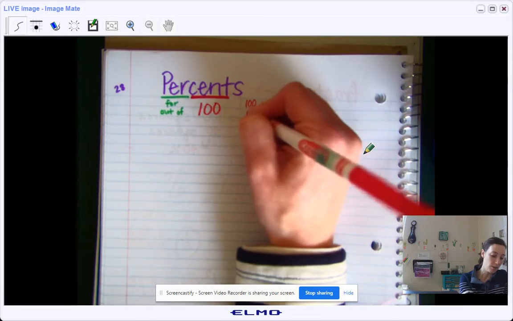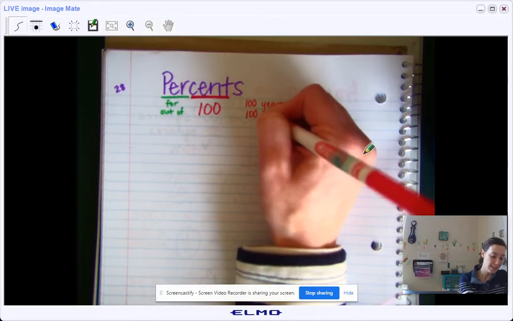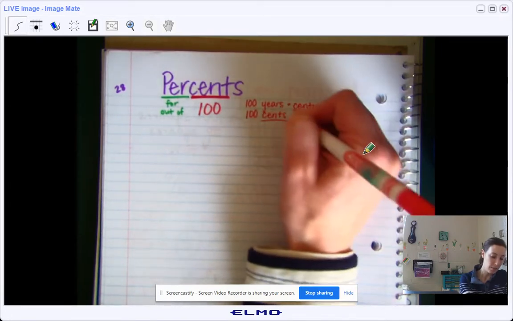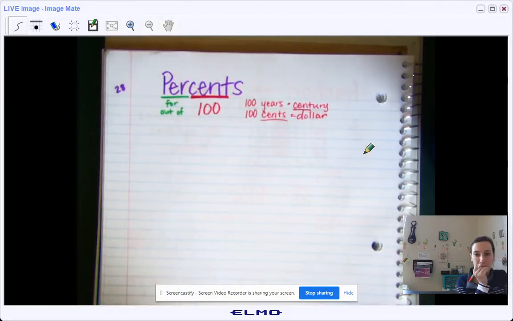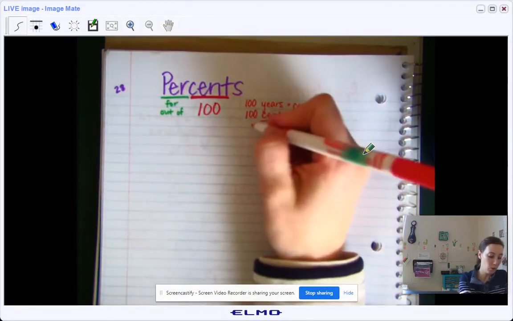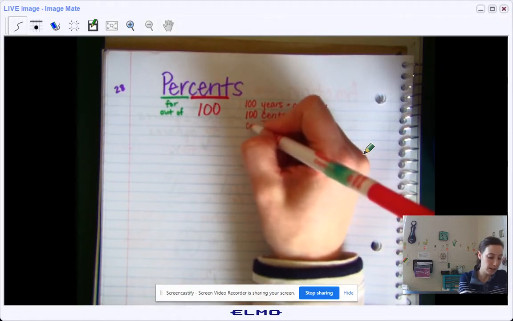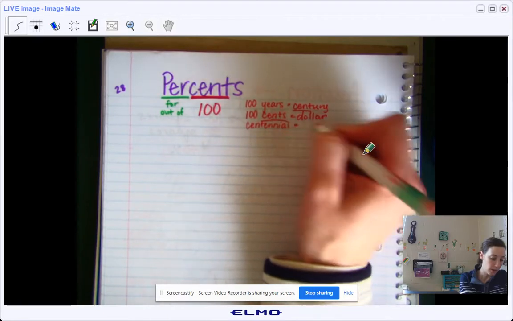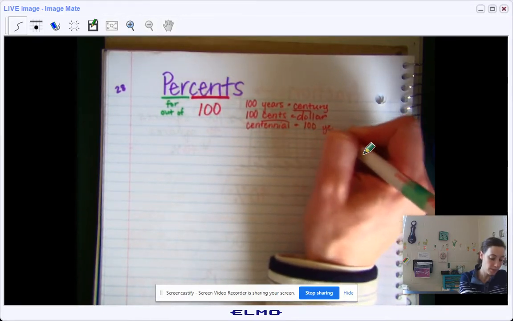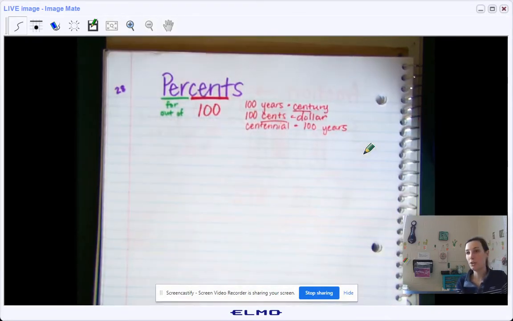There are 100 cents that make up a dollar. A business or something will celebrate its centennial, which means it's been around for 100 years. So yeah, cent, 100.